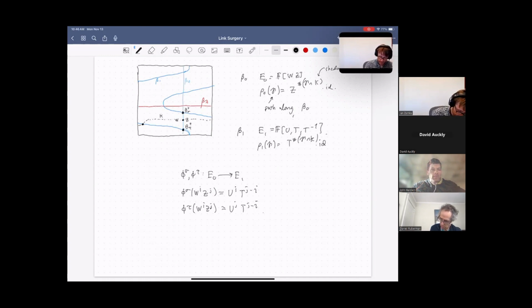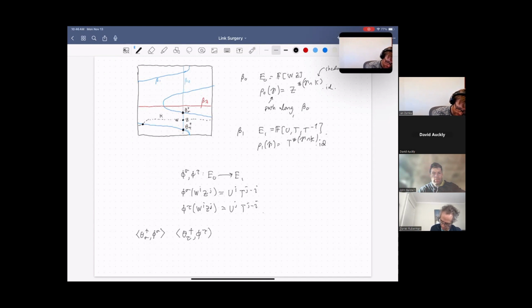I'm going to construct these two morphisms, theta sigma plus, which I'm going to equip with this linear map sigma, and also theta tau plus. We have these, I'm labeling these two intersection points here.